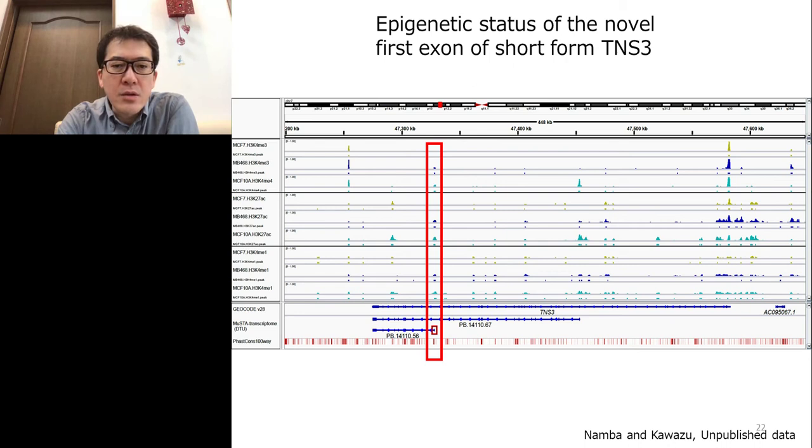The novel short form TNS3 is transcribed from a novel first exon.